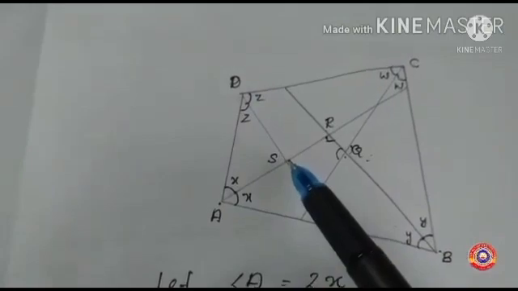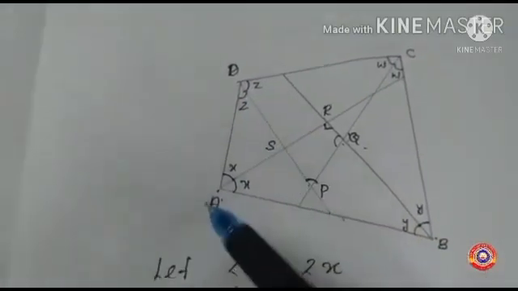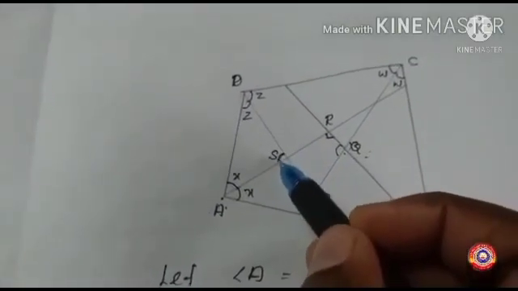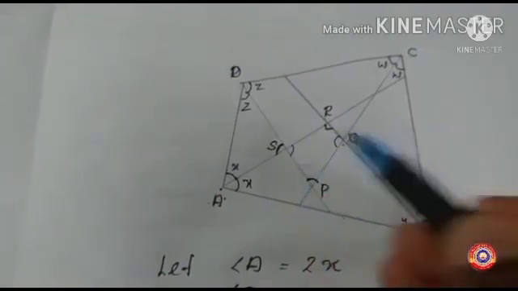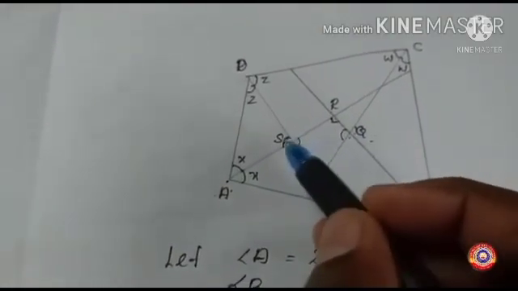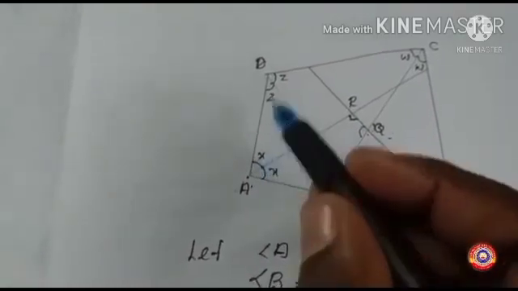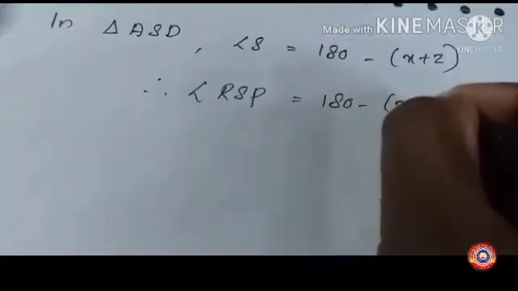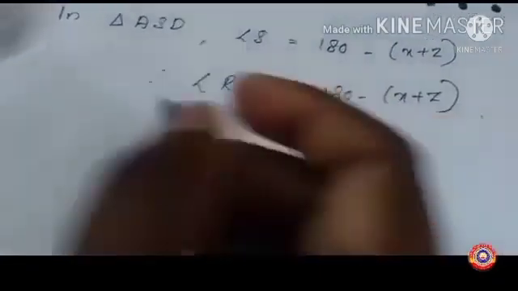Next, consider the triangle ASD. From that we have to find angle S. Angle S is equal to angle RSP because they are vertically opposite angles. In triangle ASD, angle S equals 180 minus (x plus z). Therefore angle RSP equals 180 minus (x plus z).